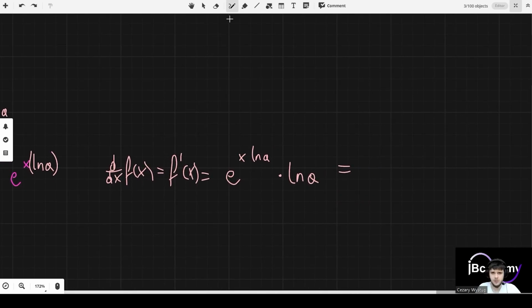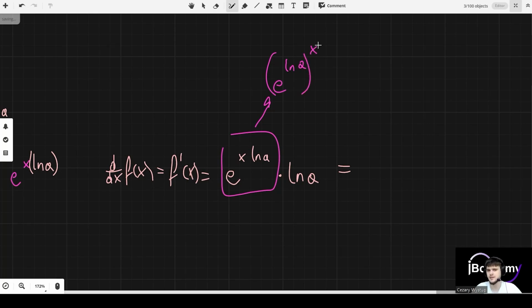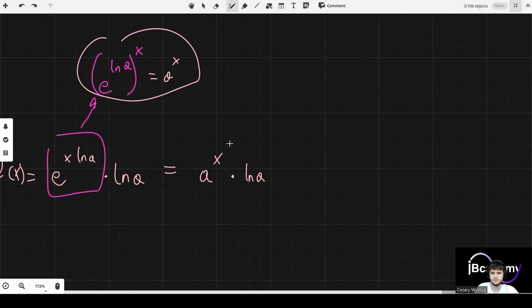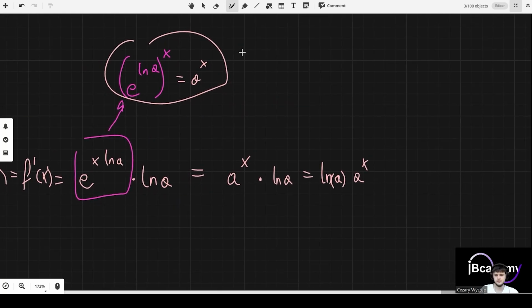Yeah, so I can take this and rewrite it again and get a back again, right? So in other words, it's just a to the power of x now, yeah, this thing. So it's a to the power of x times natural log of a, all right? Okay, whichever way you'd like to write it is fine.